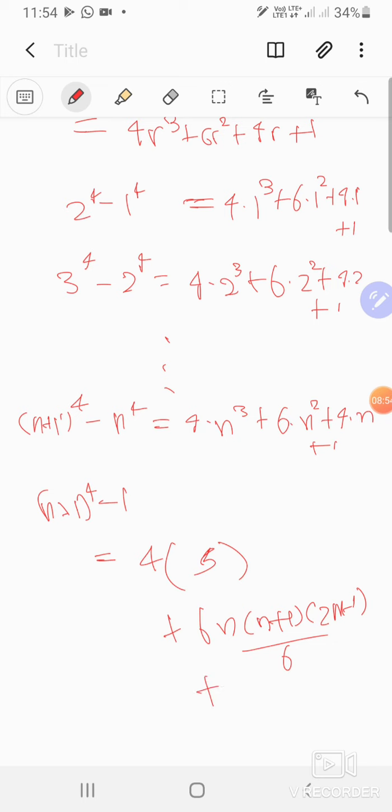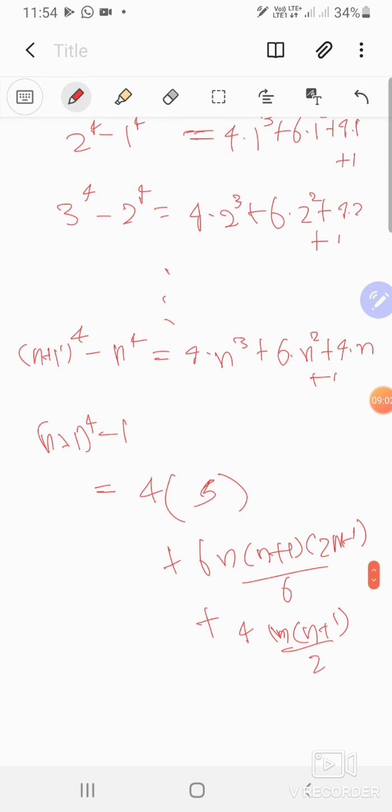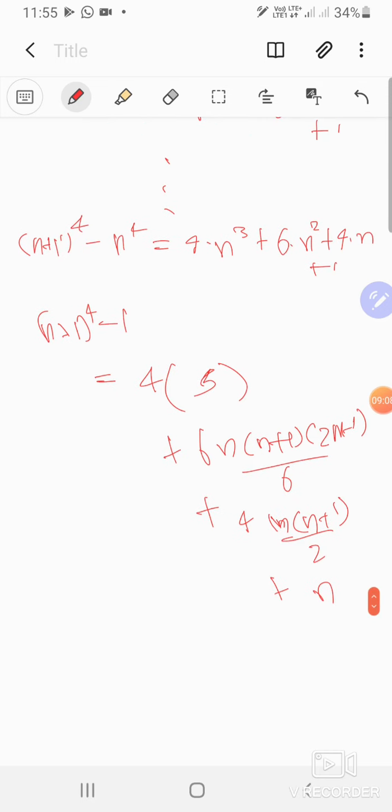Then you have 4 into 1 plus 2 plus 3 till n, which is 4 into n into n plus 1 upon 2. All right, and then you got these many ones, so n ones. Doing all that algebra is now up to you, and you should get s equals n squared into n plus 1 whole squared upon 4.